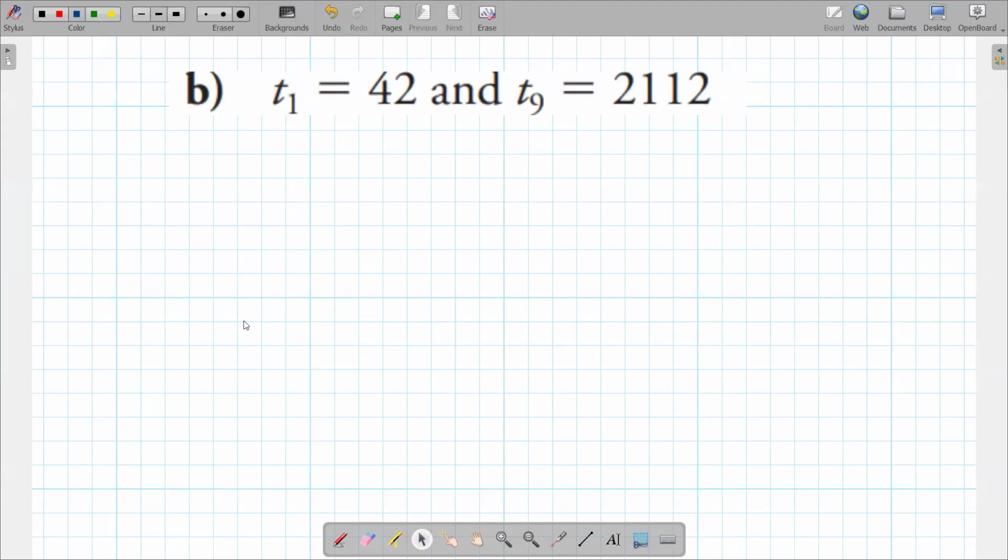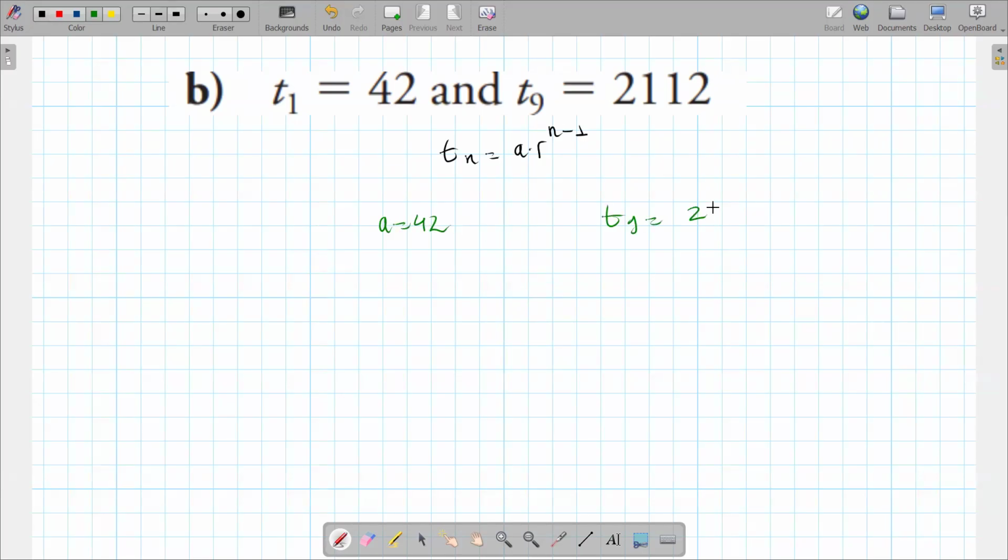Recursive is just r times Tn, so we can ignore that. The question is, what's the general term for this sequence? So Tn is A times R to the power of n minus 1. Actually even this is pretty easy now that I look at it, because A is given in the question. So A is 42.